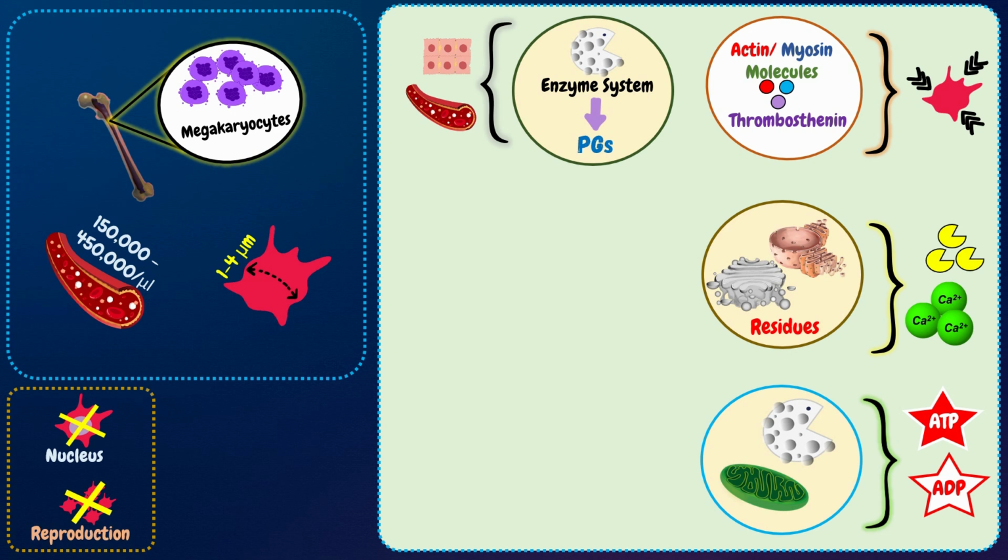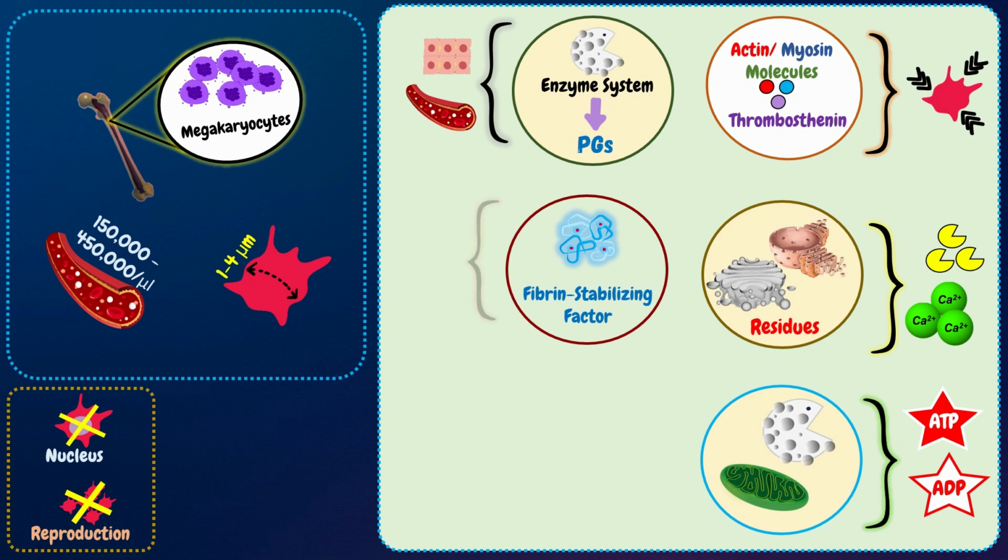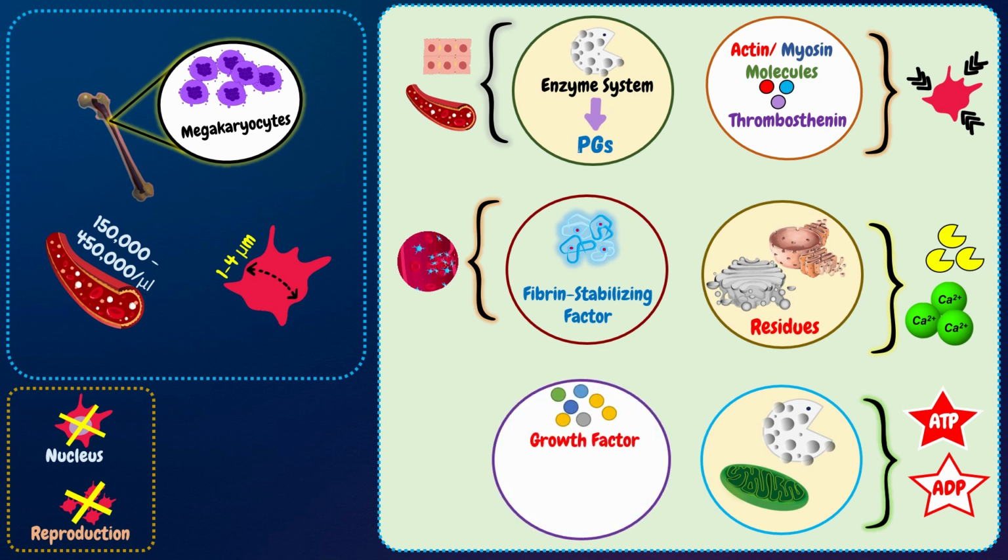In their cytoplasm is an important protein called fibrin stabilizing factor, which will be discussed later in relation to blood coagulation, and a growth factor that causes vascular endothelial cells, vascular smooth muscle cells, and fibroblasts to multiply and grow, thus causing cellular growth that eventually helps repair damaged vascular walls.